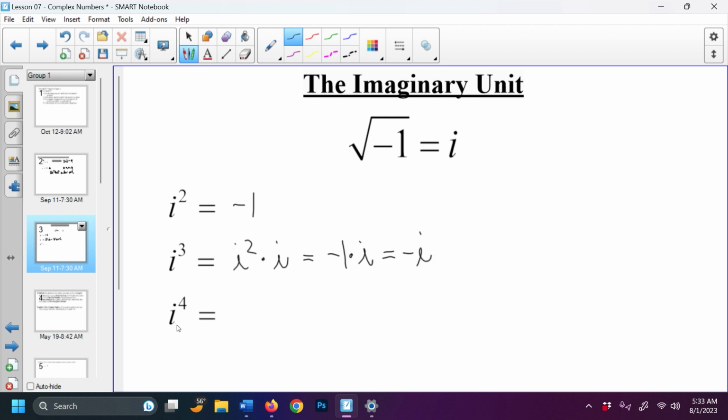And then i to the fourth, we can break that down as well and say that that's i squared times i squared, which will give me negative 1 times negative 1. And that gives me just positive 1 again. So even though this is a new symbol, it does represent something that we understand. And when we use it in this manner, it works with all of the other properties of addition and multiplication that you've learned so far.